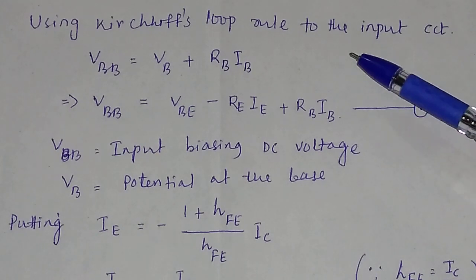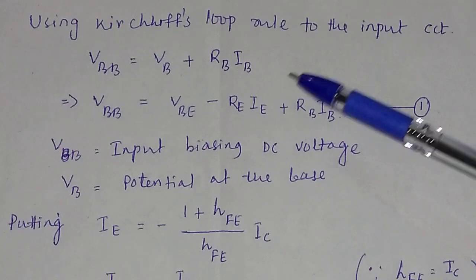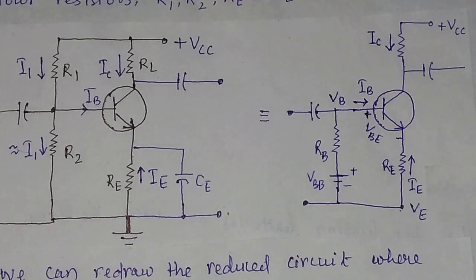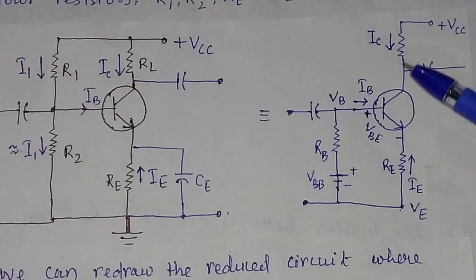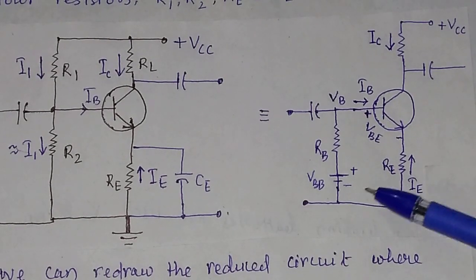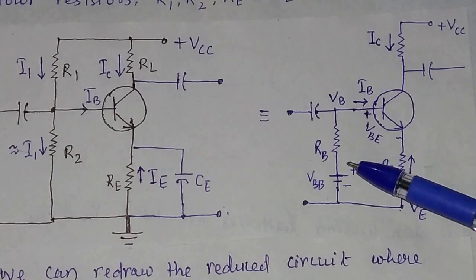Using Kirchhoff's loop rule to the input circuit of your reduced voltage divider bias circuit. This is the input and this will be your output. So if you use Kirchhoff's loop rule to this input circuit, what will happen?